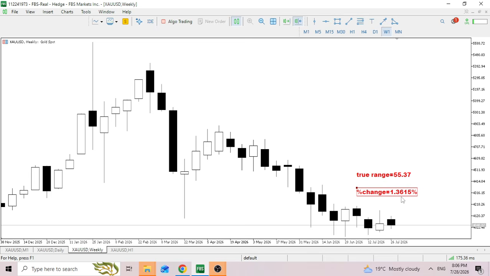You can calculate the manipulated percentage change, but we don't usually calculate that. We usually use the true range, open price minus closing price. How do you use that for entries? Do your research.